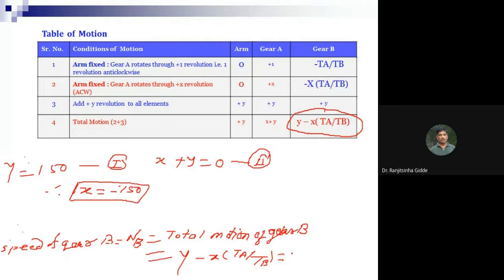That is 150 minus, inside the bracket, what is the value of x? This is minus 150. That we are going to write here. Minus 150.